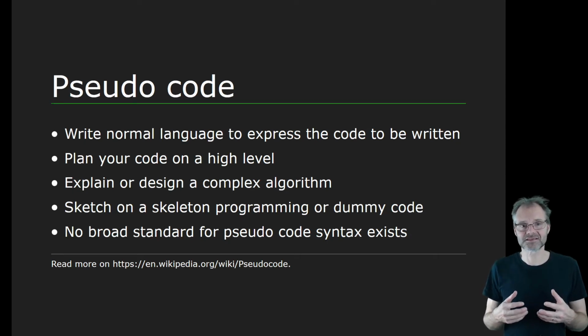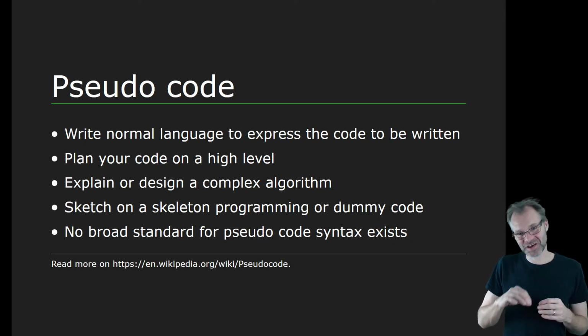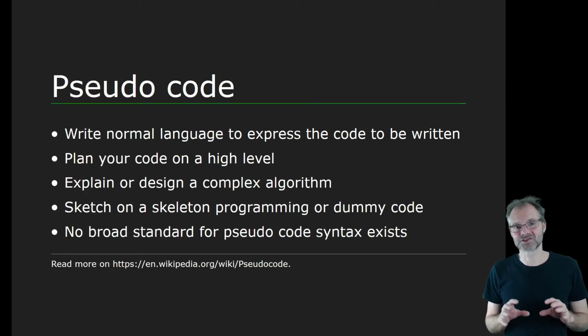This is how we can write down a plan for the code on a higher level. This makes it rather easier to explain or design a more complex algorithm without going into the actual source code or the actual programming language.